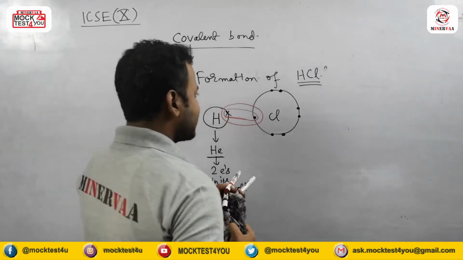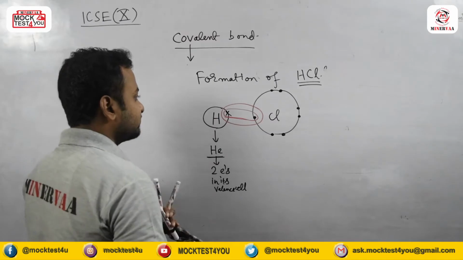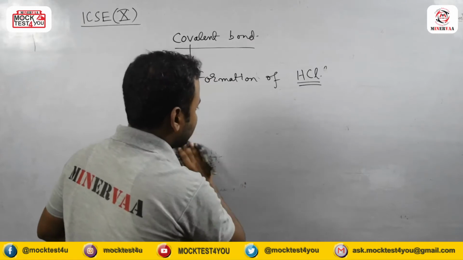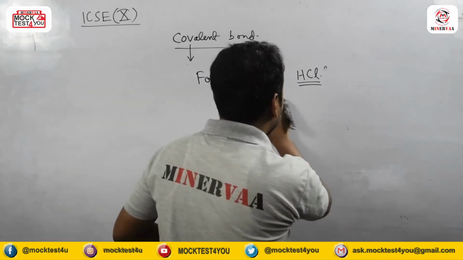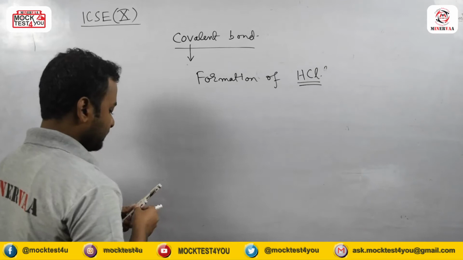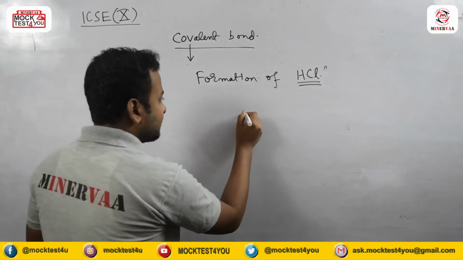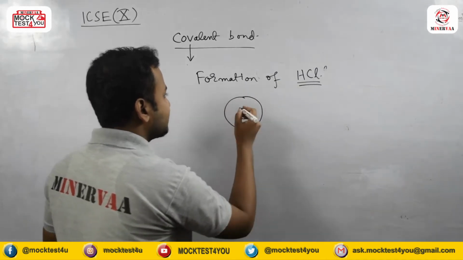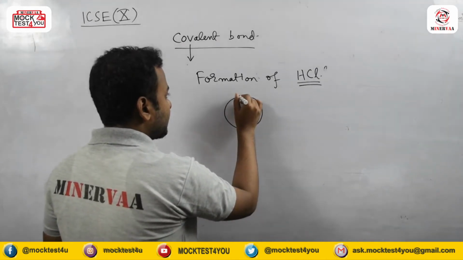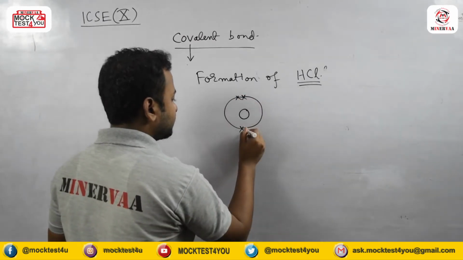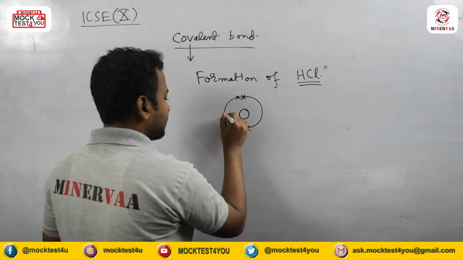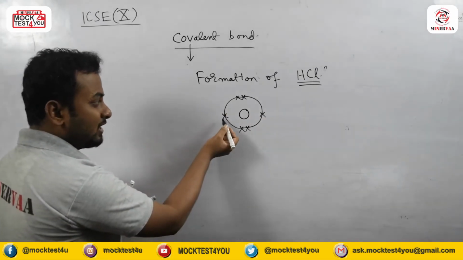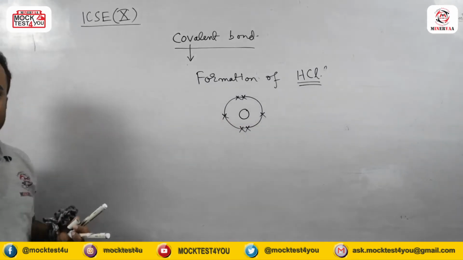We can take many examples, like the formation of water. We use water in our day-to-day lives, so you must know how water is formed. Oxygen has 6 electrons in the valence shell, so it will need 2 electrons to complete its octet.